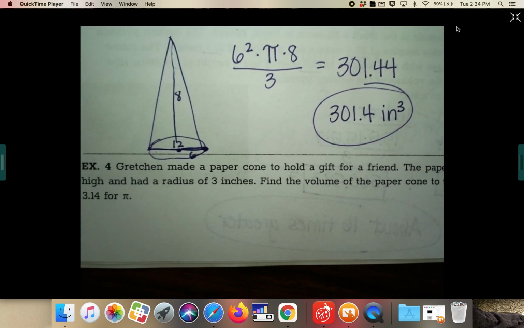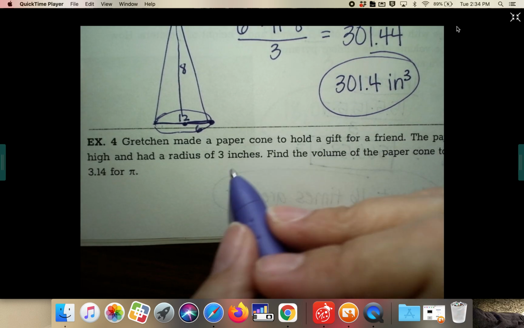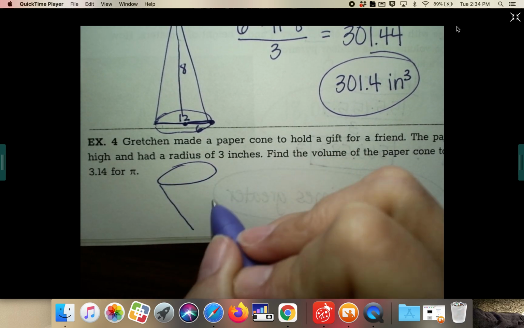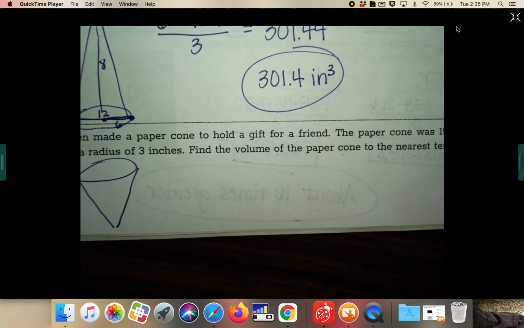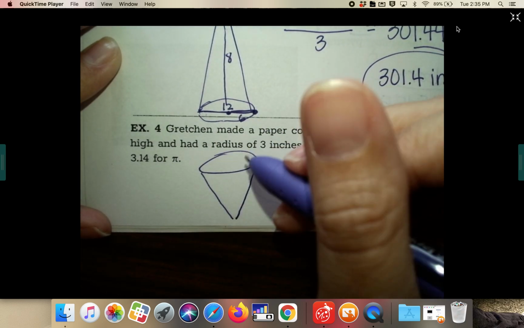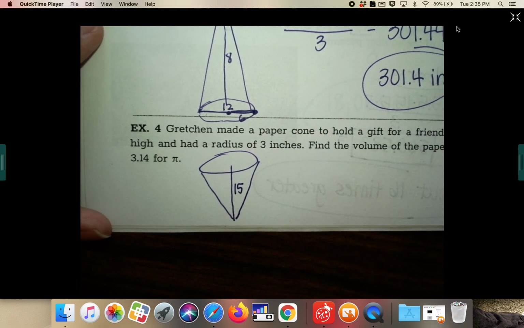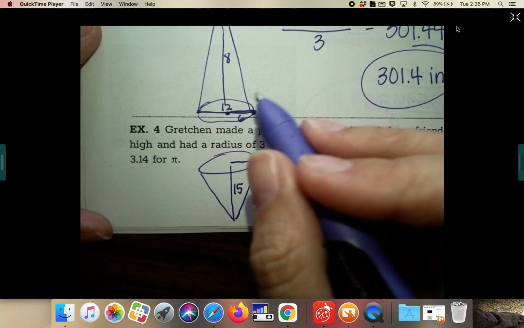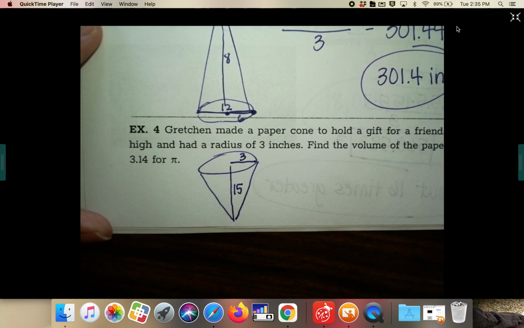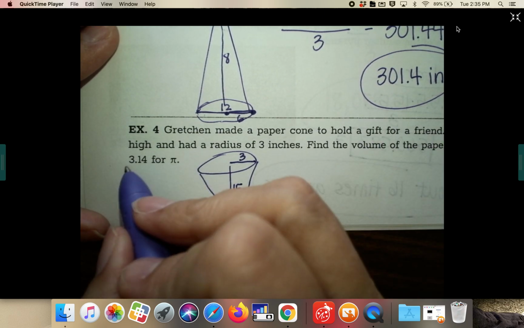All right, let's look at this last one. It says Gretchen made a paper cone to hold a gift for a friend. So I'm assuming it's something like this. The paper cone was 15 inches high, so the height is 15 inches. And it had a radius, good, it's only telling us the radius is 3, because that's what we use, the radius. Find the volume to the nearest tenth, use 3.14.